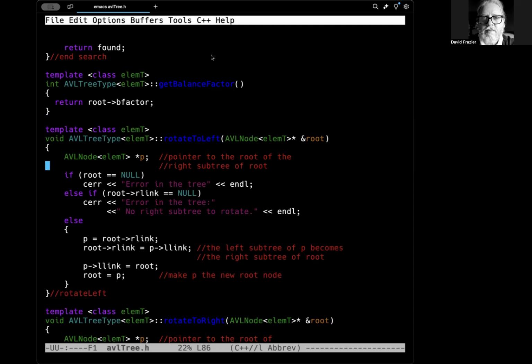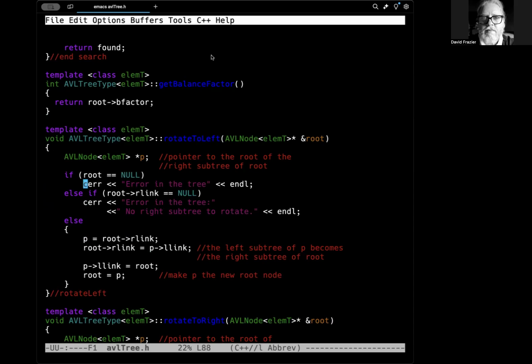Then here's the rotation. Here we're going to rotate to the left. It shows using the pointers what you would do here. So we've got this P, which is going to be the pointer that we're using as kind of a temporary to the root of the right subtree. We're first checking to see if the root is equal to null. If so, there's some kind of an issue.